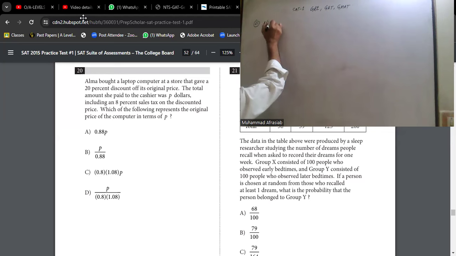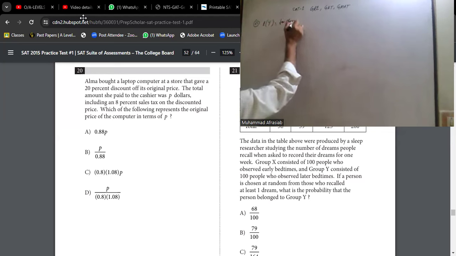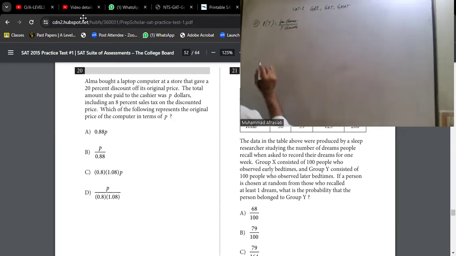Probability of Y is equal to favorable chances over total chances for this group X and Y. So for the probability of Y, in the Y group we see that 21 has none. So that means 11 and 68 are there, which are having 1 to 4 and more than 5. So 11 plus 68.